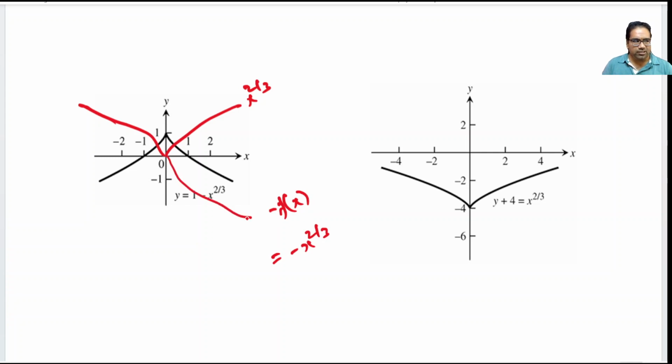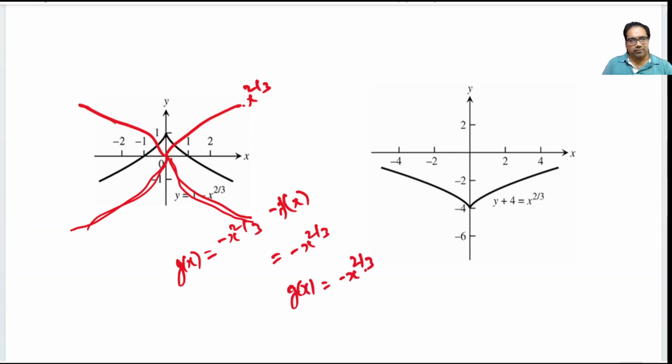a mirror image with respect to the x-axis. Minus of x power 2 by 3 is this graph. Let's say this is g of x. G of x is minus of x power 2 by 3.